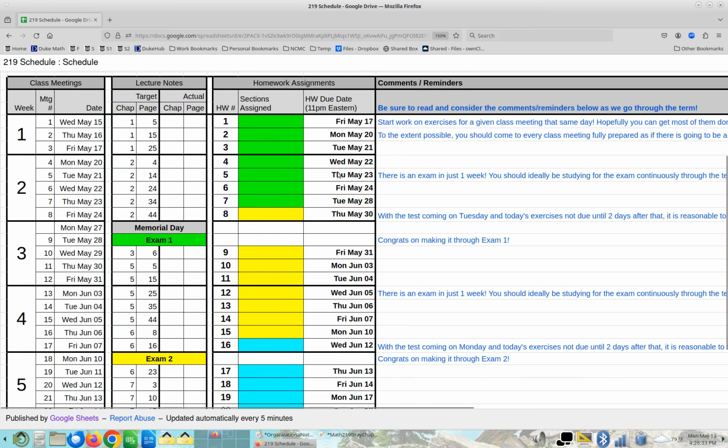So, for example, on this day right here, that is a mere 1 week before the first exam, our first exam right here on Tuesday, May 28th. So this is just a heads up. This comment is that it's coming up. I mean, this class moves really, really fast. Summer classes are at a blinding pace, super duper fast. So little bits of advice, little heads ups, that kind of thing.